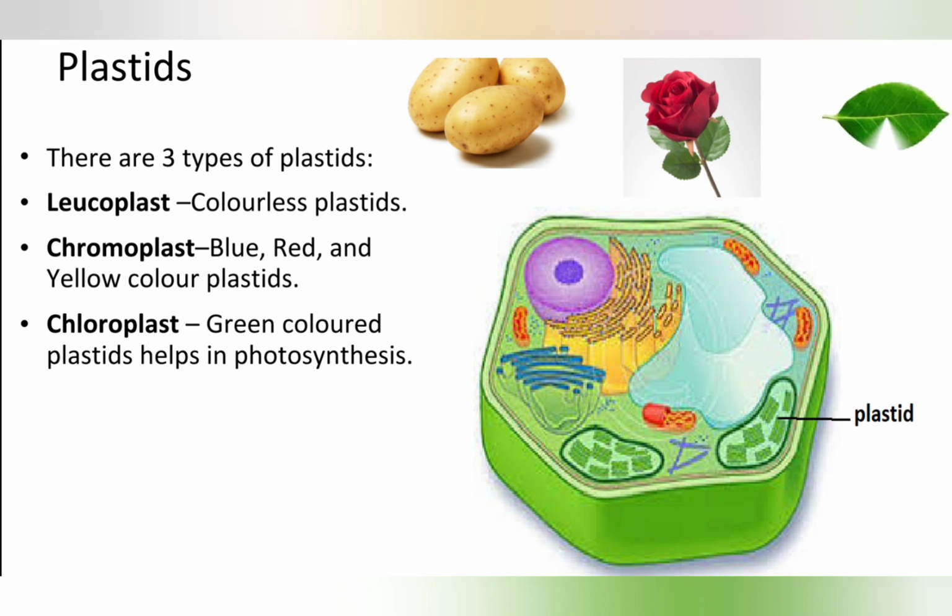All the leaves are green in color because of the presence of a pigment called chlorophyll that helps in the process of photosynthesis. And where is this chlorophyll present? This chlorophyll pigment is present inside the chloroplast. So plastids are of three types: leucoplast, colorless; chromoplast having various colors; and chloroplast having green color, right?